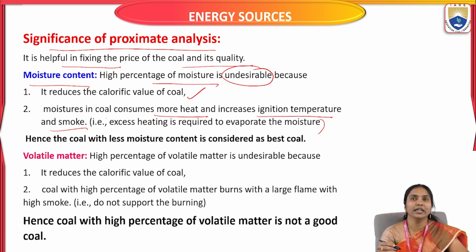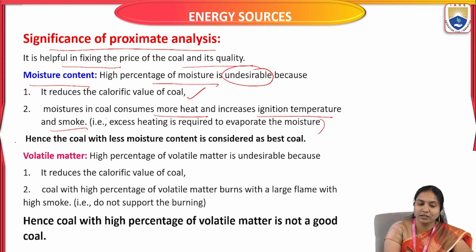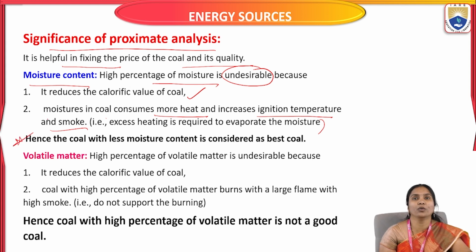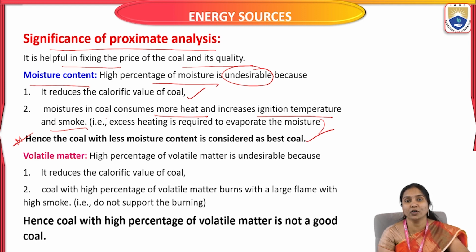Simply, excess heating is required to evaporate the moisture content present in the coal sample. So what is the main point? The coal with less moisture content is considered as good coal. Good coal always contains less percentage of moisture content.